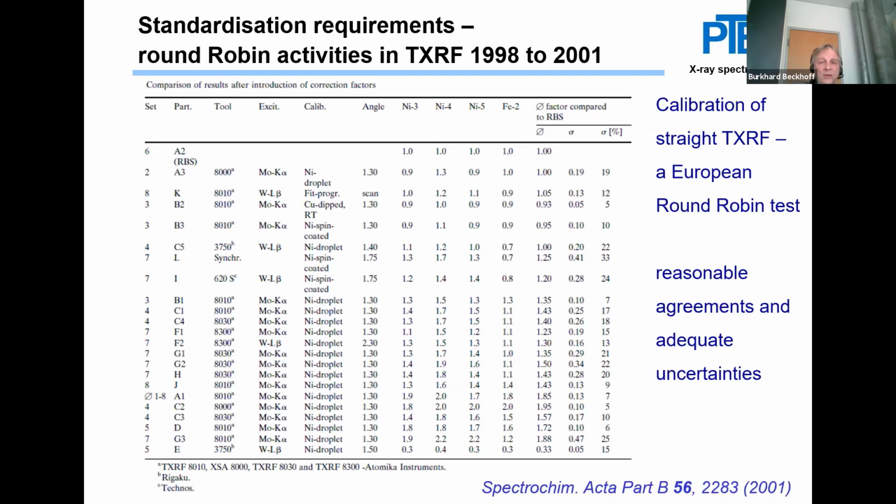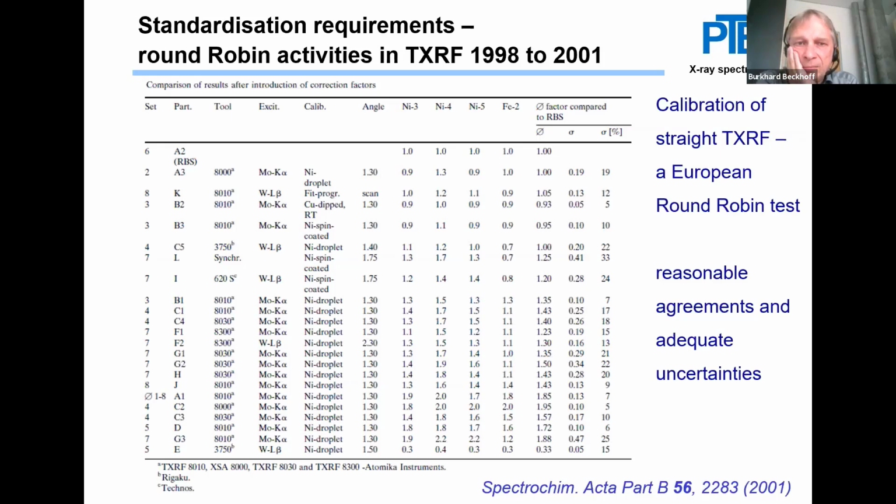So what I like a lot were the standardization, this TXRF standardization works in the semiconductor industry, because you have an ideal, you have a perfect flat substrate, and you have very minute amounts of contamination. So you are in the TXRF regime for sure.